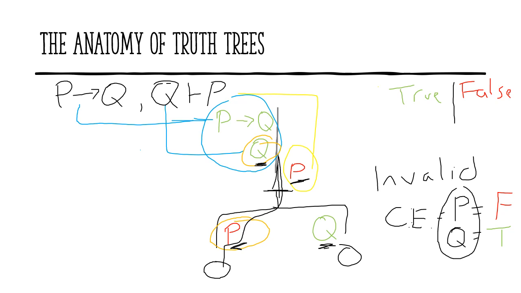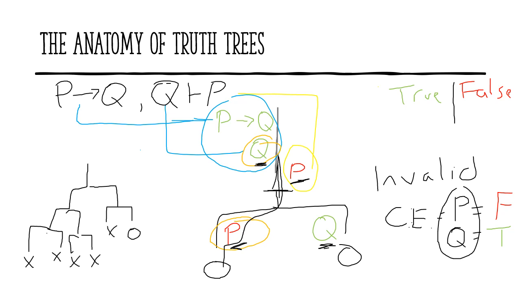So say I had, I'm going to just sketch what a tree might look like. Say I have a tree that looks something like this. And I have this one close off, this one close off, this one close off, this one close off, this one close off, and this one's open.